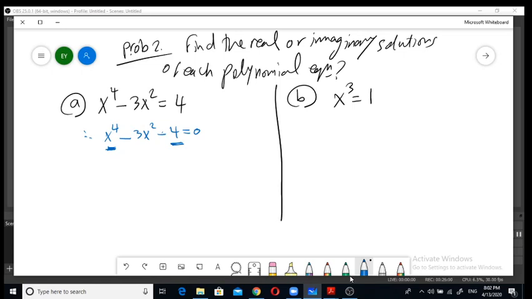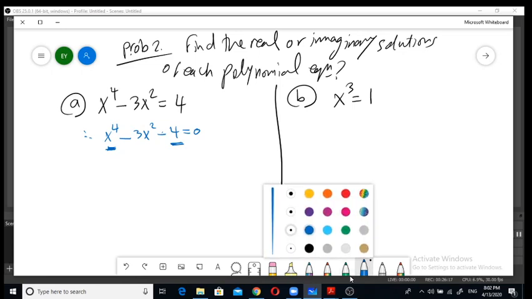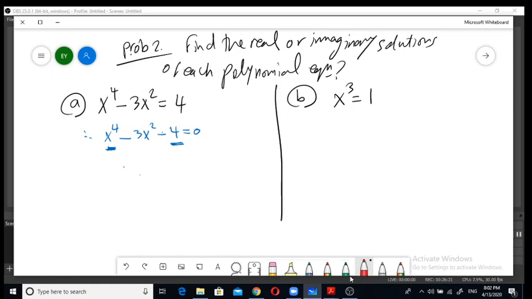So we cannot use the trinomial factorization or the quadratic formula, because the quadratic formula is a technique for the quadratic equation, not the degree 4. So we have to find another technique.